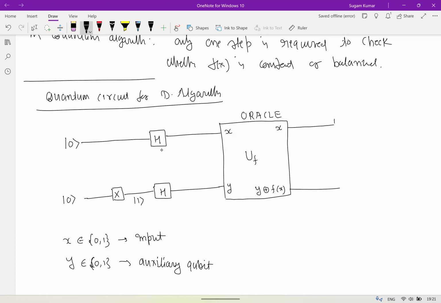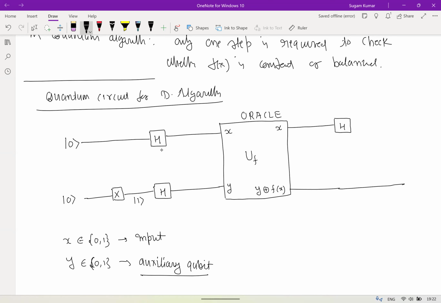Then you apply one more Hadamard gate at the output of X, but do nothing on the second qubit. After this oracle, the second qubit doesn't play any role. The role of the second qubit, called the auxiliary qubit, is only used up till the oracle.